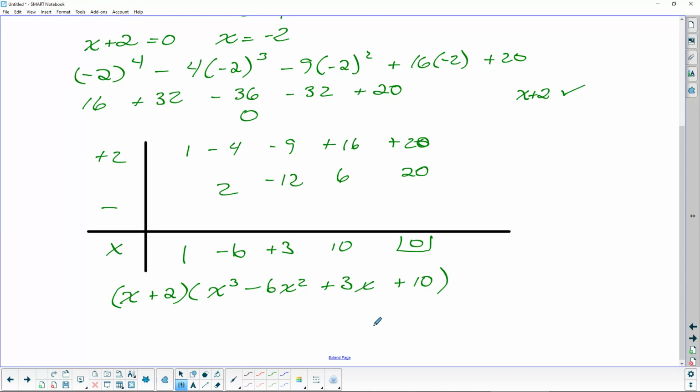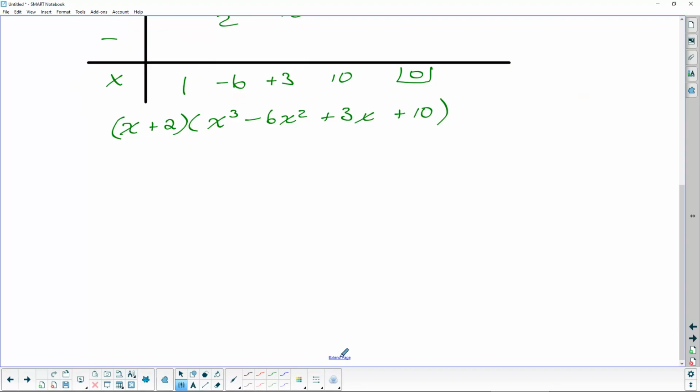Okay, so now we have to do the cubic one. Now we have factors of 10 rather than 20 at the back, right? So it's going to give us different possible factors. All right, so now we've already got x plus 2. Let's put it over here so we don't forget. Now we're going to do this one.